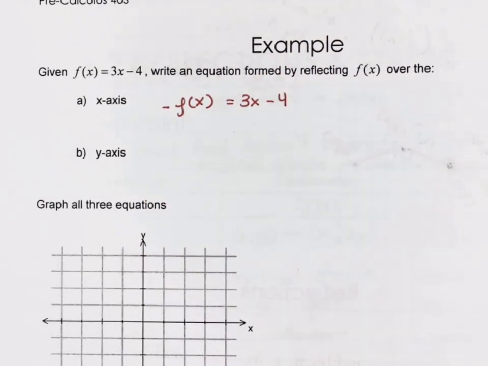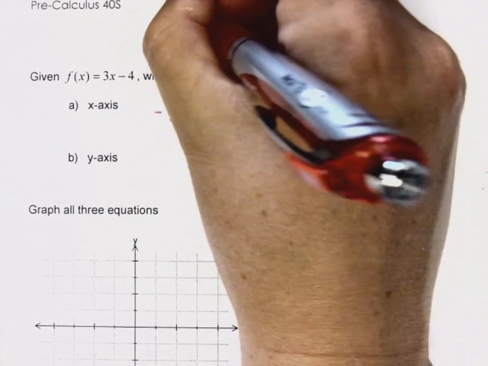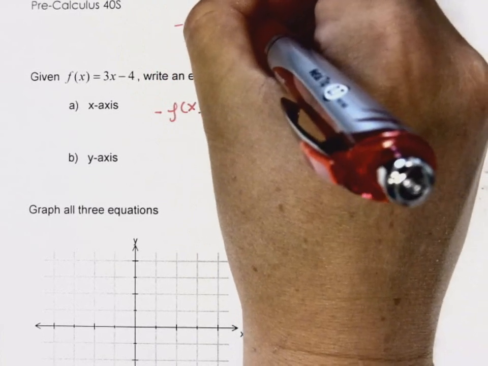Now, proper grammar in math, would I leave that negative with the f of x? No. That would just be bad. So how do I get rid of the negative in front of the f of x? We can multiply the negative over to that side. Somebody said it might be easier if you look at it like it's a y.